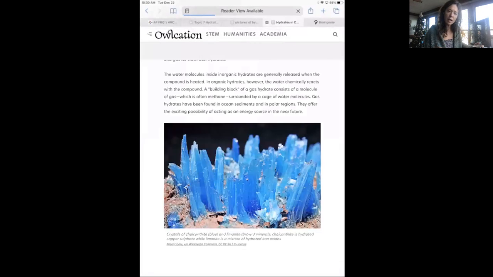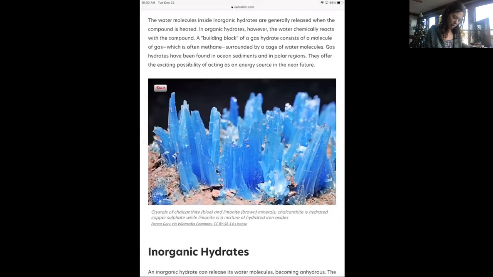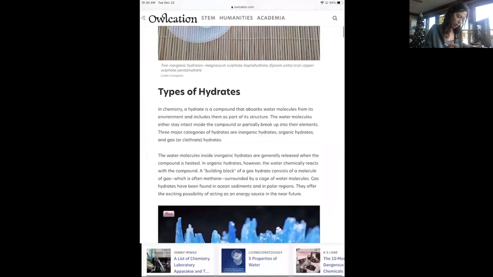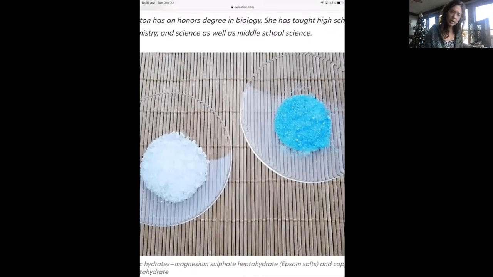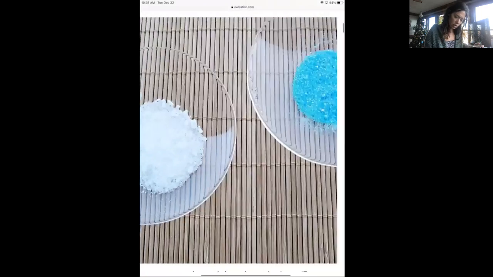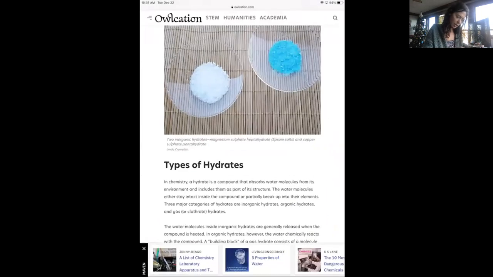but I couldn't. But you see how this is a hydrate, okay? However, this is a hydrated mineral, not a hydrated compound, so it's not as pure. These are hydrated compounds. Notice that they are shiny and crystal-like, okay? I want you to keep that in mind.